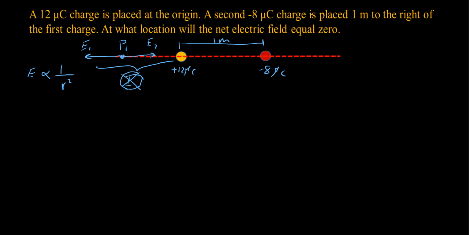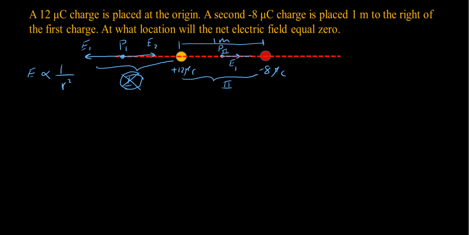Now let's assume in region 2 I have my test charge somewhere in the middle between the two charges. Once again, let's identify the direction of the electric fields. Because of the 12 microcoulomb, the field will be going in the positive x direction.